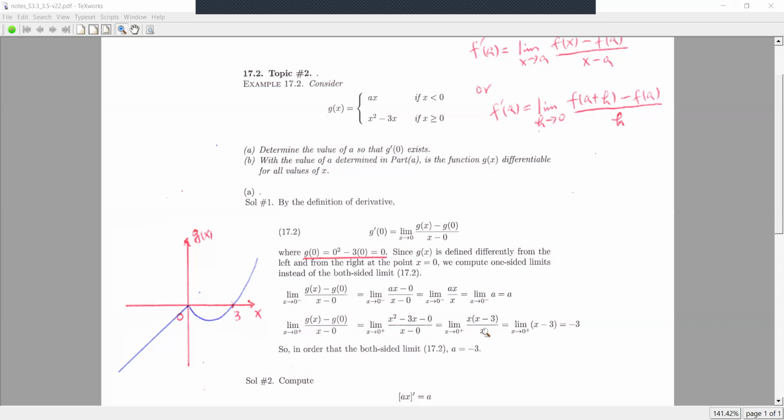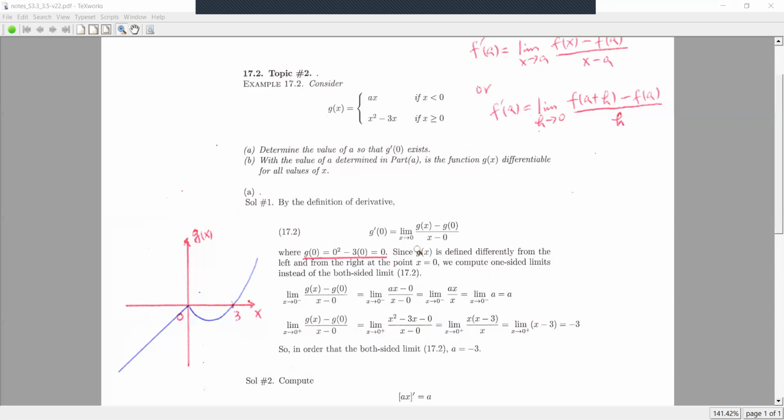Cancel x, then we have this equation. To find this limit, direct substitution. Plug in 0 in x, then this limit is 0 minus 3. It is negative 3. So the right-hand side limit at the point 0 is negative 3.